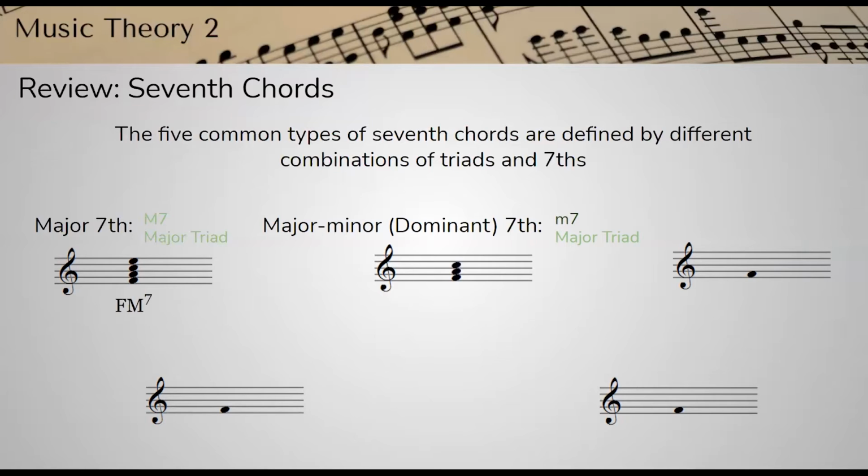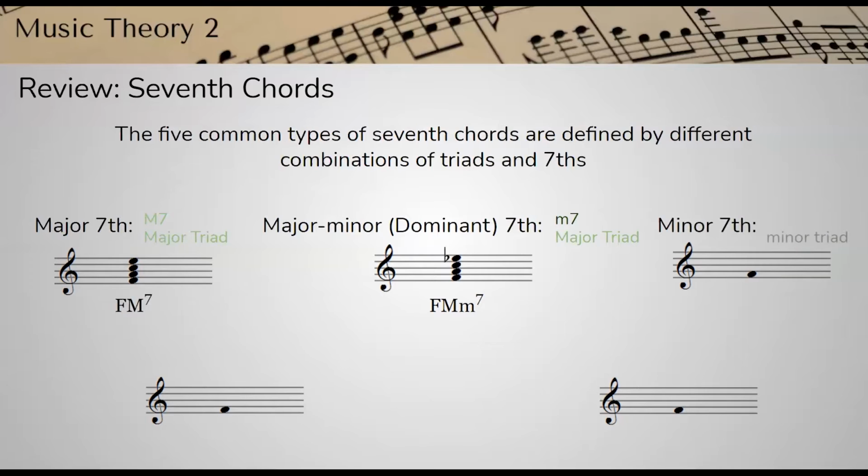And so we'll have our F major triad again, but then we'll add our minor seventh on top of that, and it creates this really tense kind of sound. Right? That sounds like it needs to lead somewhere. That's the defining quality of a dominant seventh chord. Okay, now we can call it an F major minor 7 like that. Often I will just write F and 7. That is sufficient as well.